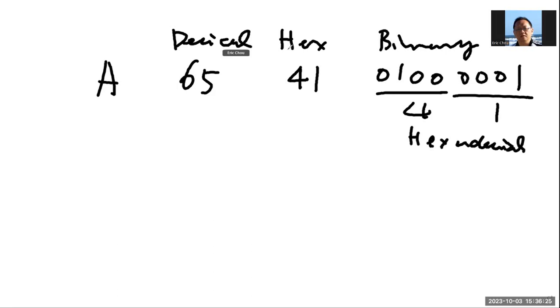We have a few words: decimal, hexadecimal, and binary. These are something we need to learn right now. These are the formats in which you store a single letter A in the computer.